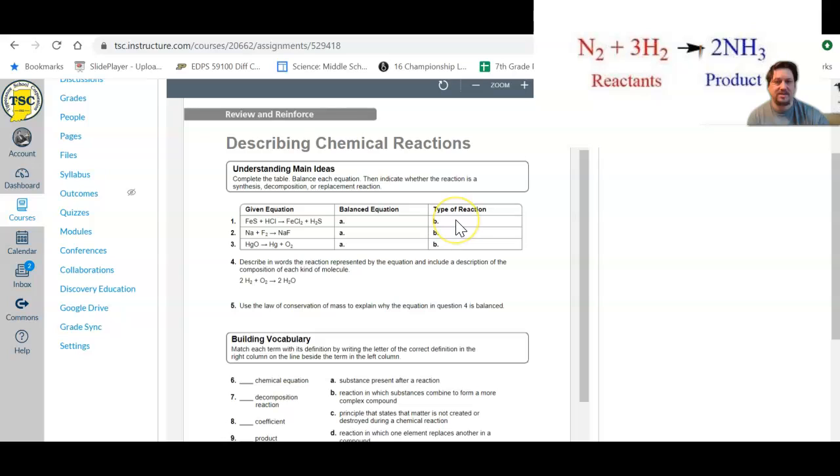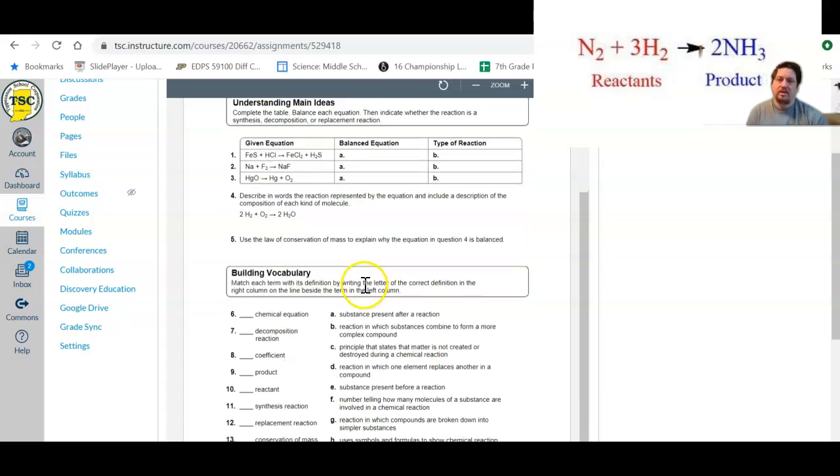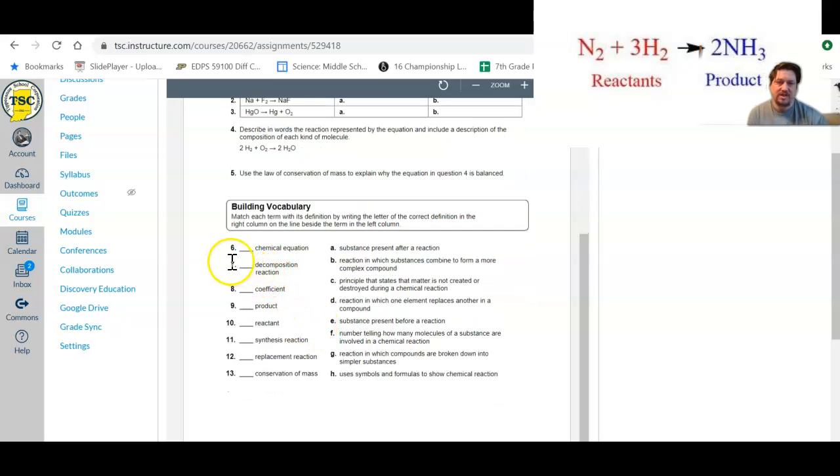This is a replacement reaction. If you have any questions with this, I can help you, the ChatterDoc or whatever. It's not too bad. These are pretty easy equations to balance. A couple of questions here, and then some matching. For number 6, if the answer was A, you'd write 6A, and then finish up through 13.